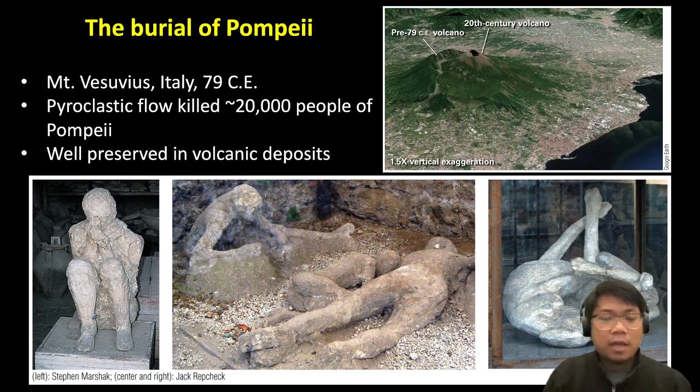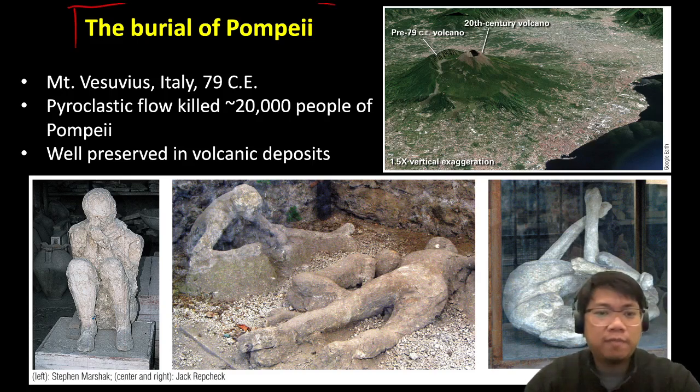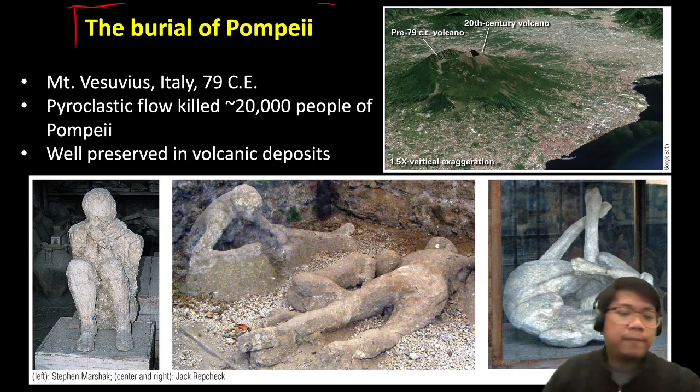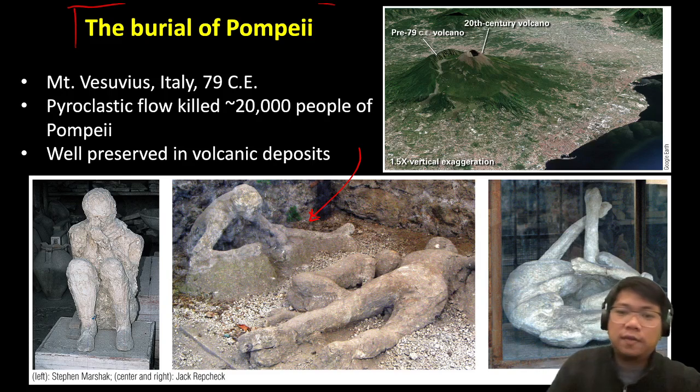and this is one of the most famous discoveries, the discovery of the people of Pompeii. These are actually fossils of humans. These people have been preserved because of the explosion of Mount Vesuvius in Italy. So this is Mount Vesuvius in Italy right here.